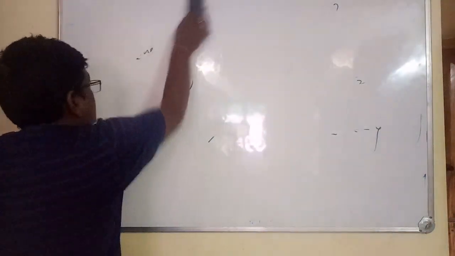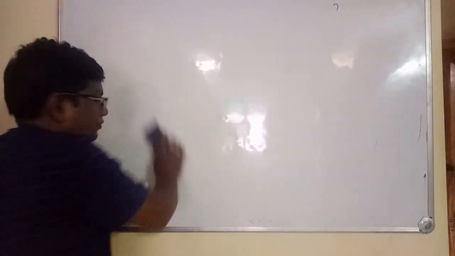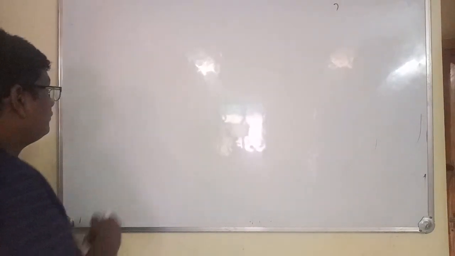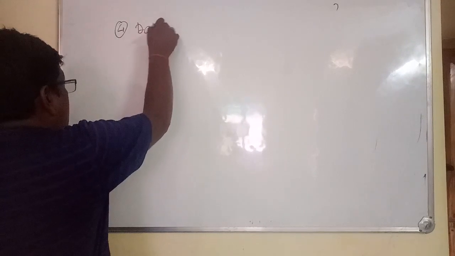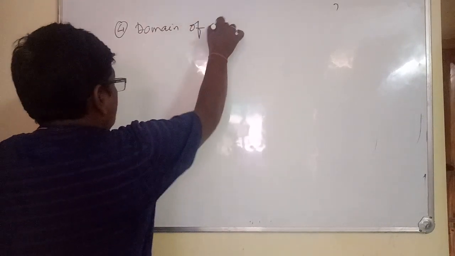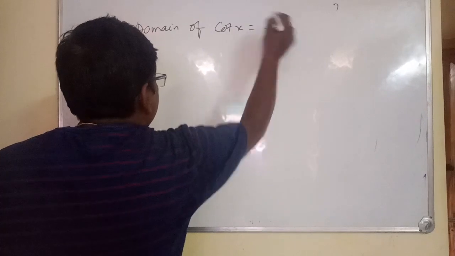Then domain of cot x. Domain of cot x is equal to dash.